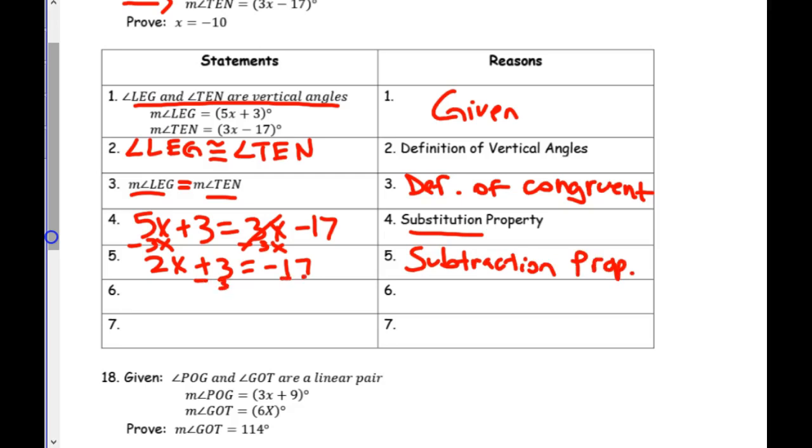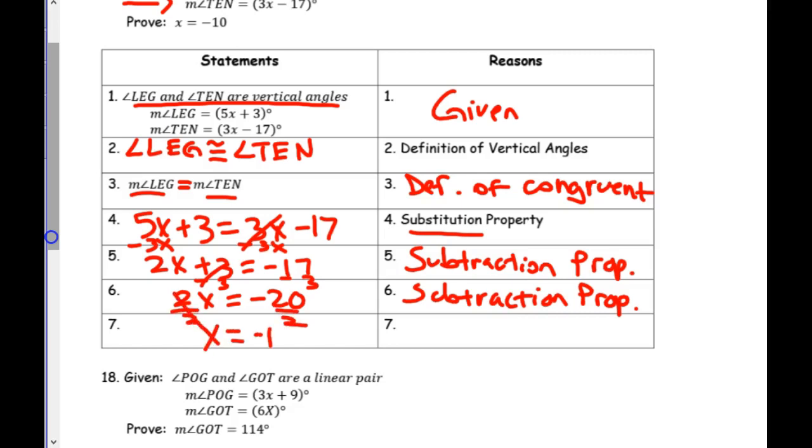Minus 3, minus 3. 2x equals negative 20. Again, that was subtraction property of equality. You can just write property. And then to get rid of that 2, we divide by 2. X equals negative 10. And we just divide it on both sides. That's the division property.